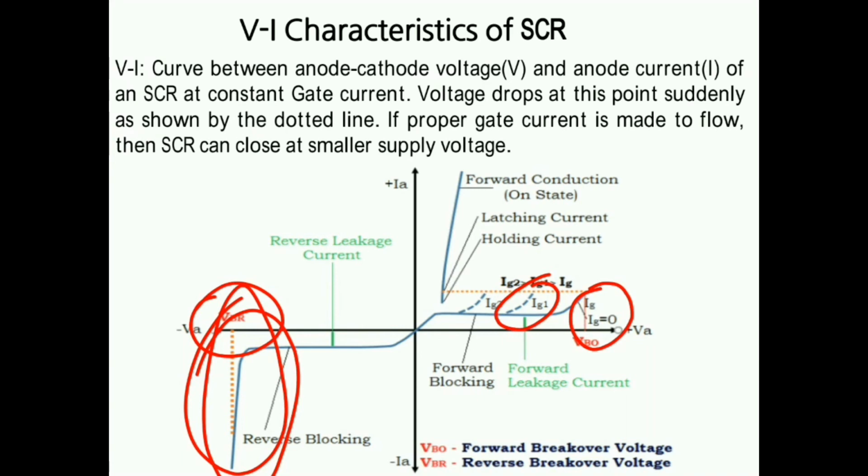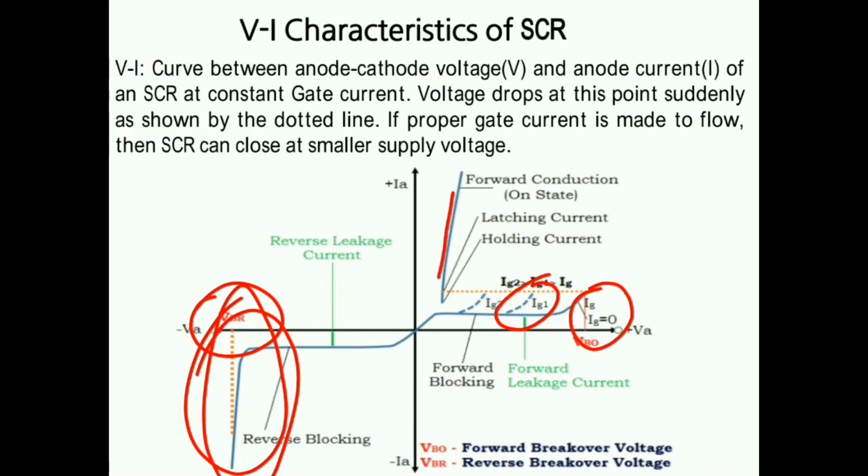Holding current is related to turning off the SCR and latching current is related to turning it on. The minimum current required to turn on the SCR is the latching current, and the minimum current to maintain the SCR in the on state is the holding current. Below the holding current the SCR turns off.